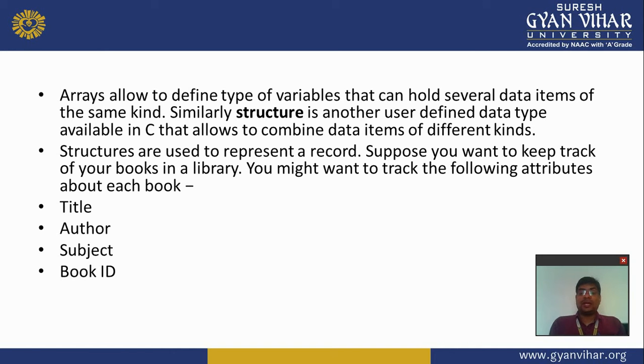For that, the developer of C developed the structure. Structure holds all attributes of different types of a unit like a book, a student, or any other. After that, we create the structure variable and access the book details and student details using the structure.